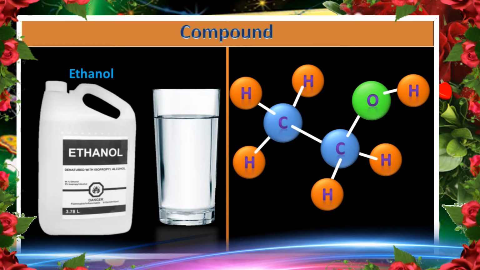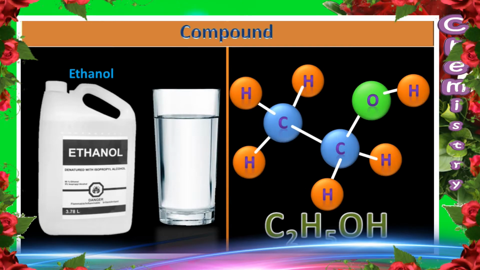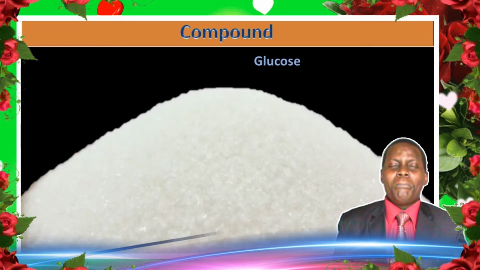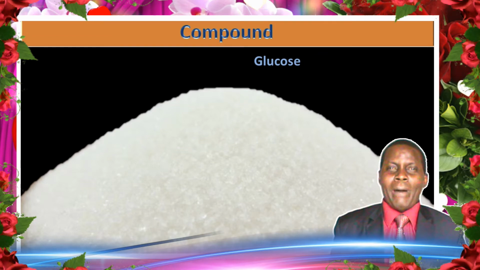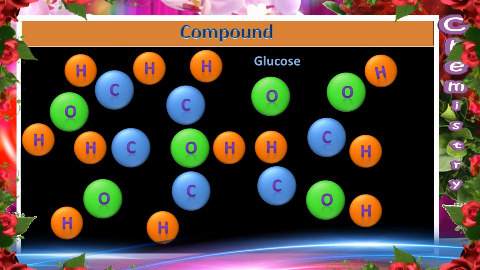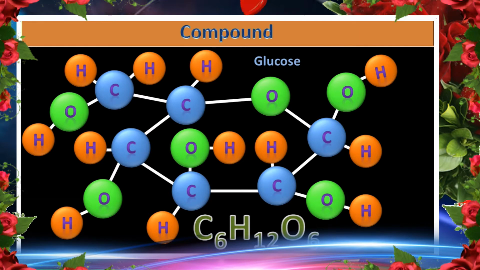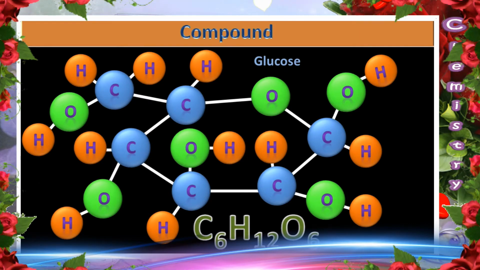They are chemically combined together to form ethanol. If you look at glucose, it is also made up of three elements chemically combining together, that is carbon, hydrogen, and oxygen, to form the glucose compound.